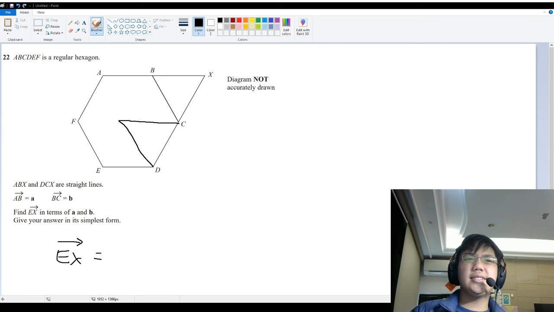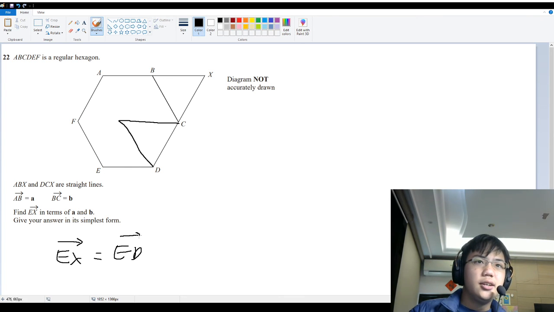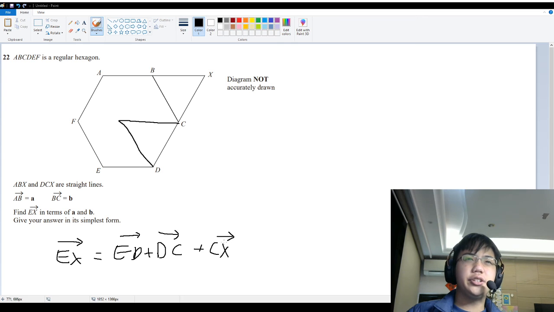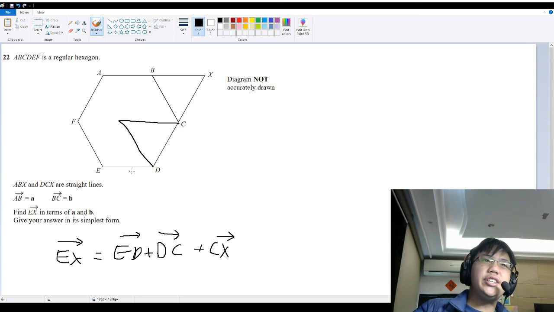So from E to X, you can first go from E to D, then from D to C, which, as you can see here, can be divided into two parts, and then the last section will be from C to X. So first of all, E to D. We know that A to B is a and B to C is b.